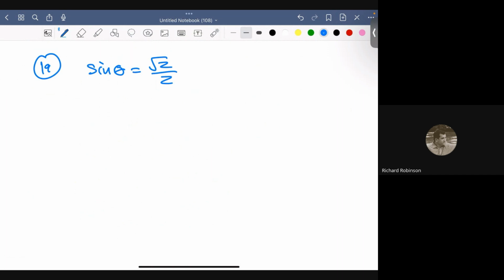It's cute. It's small, right? So you have to think, where is sine square root of 2 over 2? Put up your trick hand, and is sine on top or on bottom? Bottom. When would I have square root of 2 fingers? So theta must have been pi over 4. That's the acute angle that makes that happen.